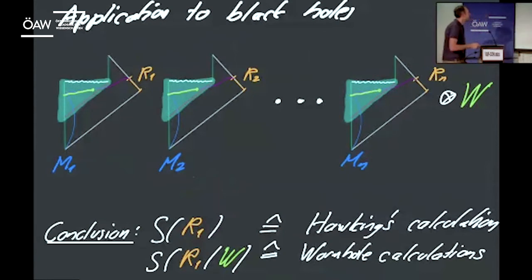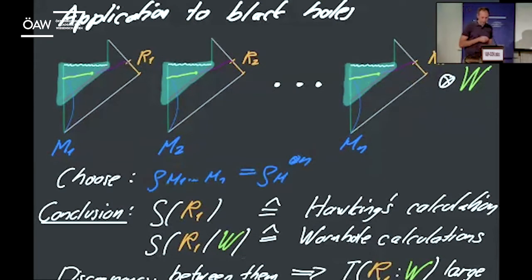So in some sense, Hawking's calculation corresponds to calculating the entropy of the radiation without knowing the dynamics of one single black hole, whereas the wormhole calculation corresponds to calculating the entropy of the radiation while knowing the dynamics from here to here. So that's the first insight we get.